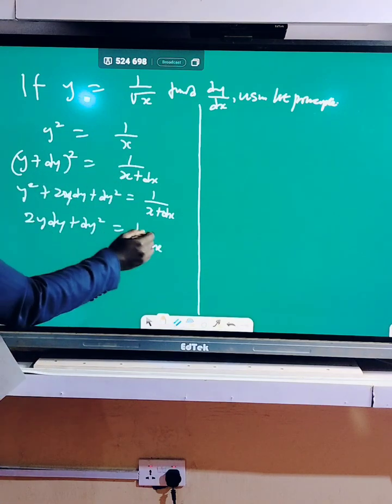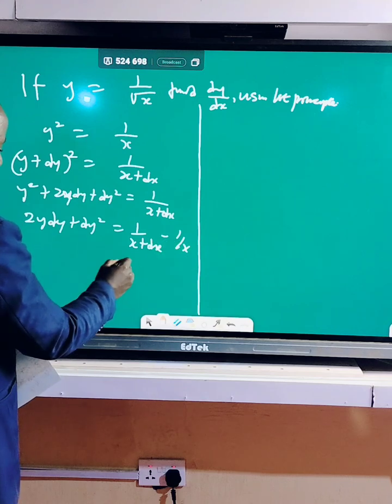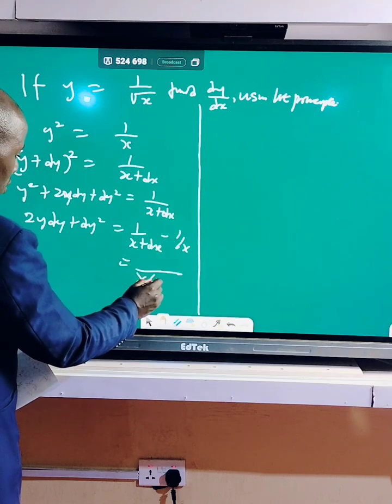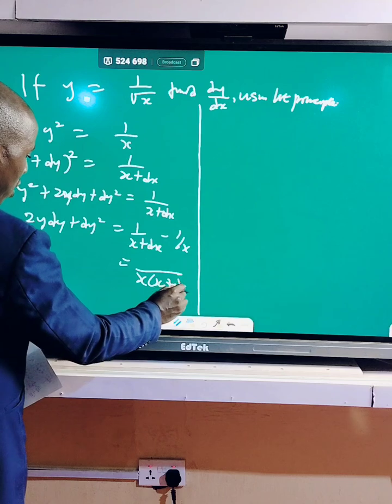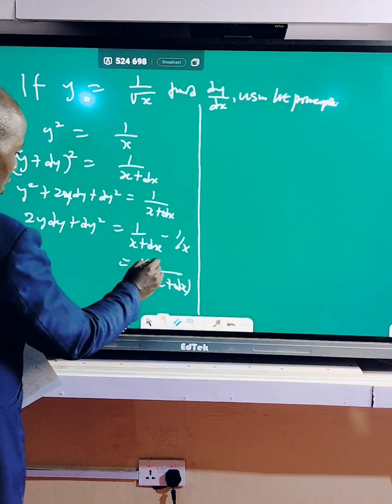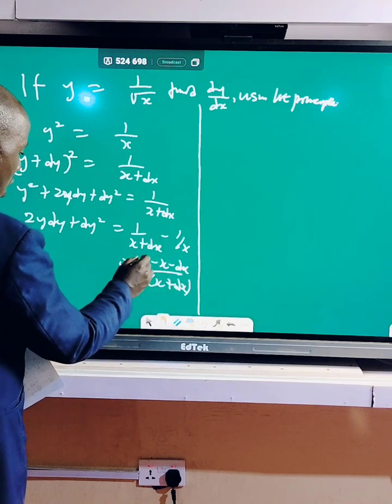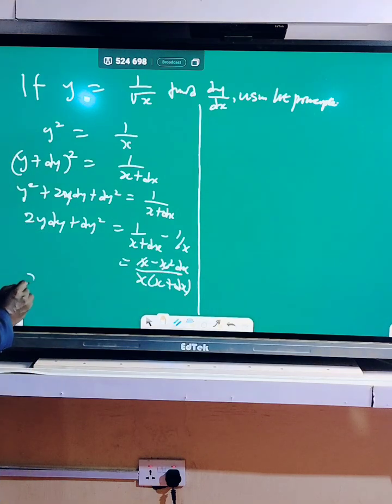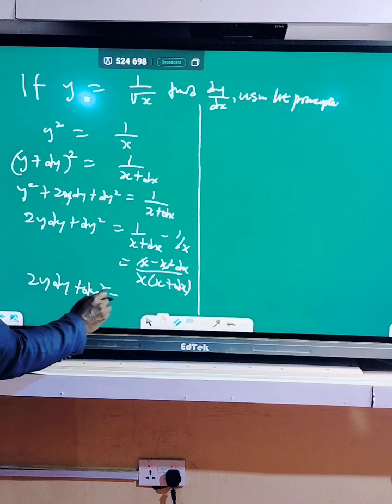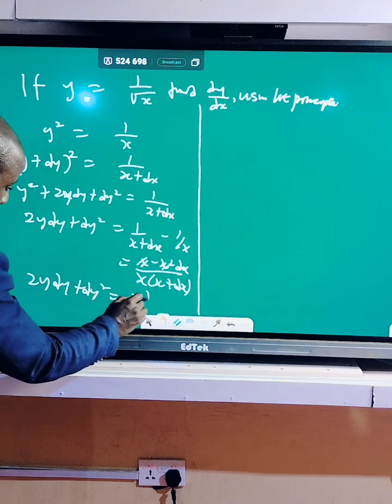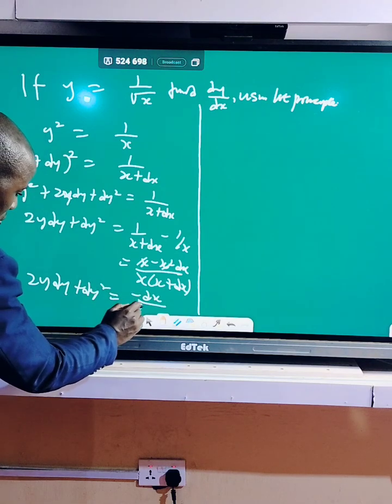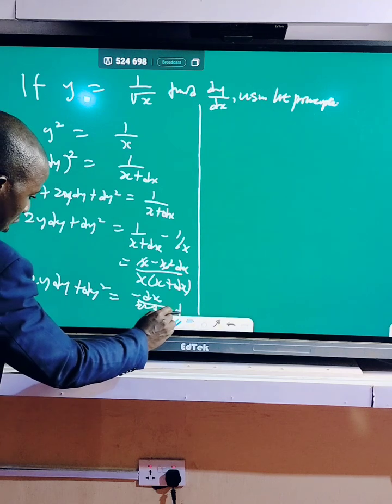Since y squared is 1 over x, we find the LCM, so that x bracket x plus delta x. When we go, that's x minus x plus delta x, so that x will go. We have 2y delta y plus delta y squared is giving us minus delta x over x squared plus x delta x.